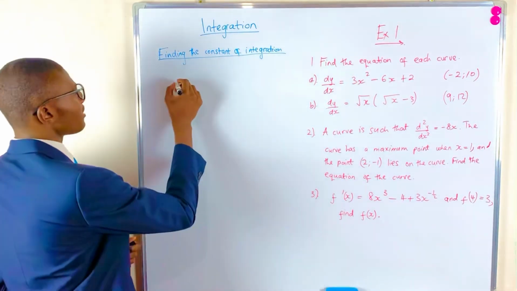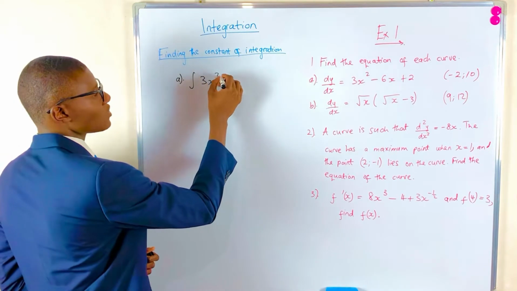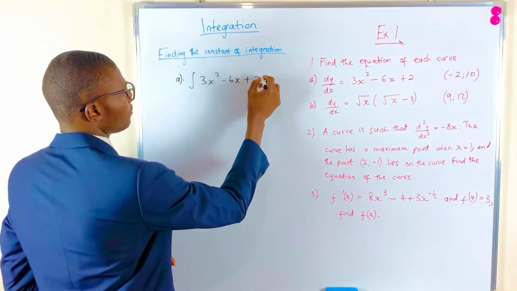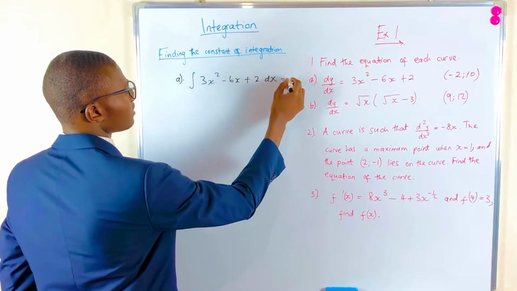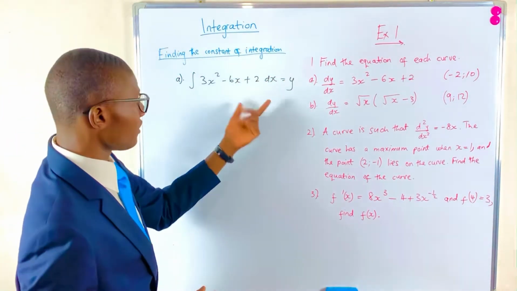So for the first part, we shall integrate 3x squared minus 6x plus 2 with respect to x to get our y. So now let's integrate.